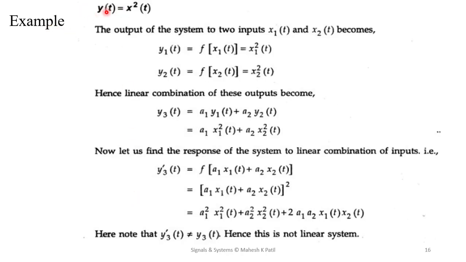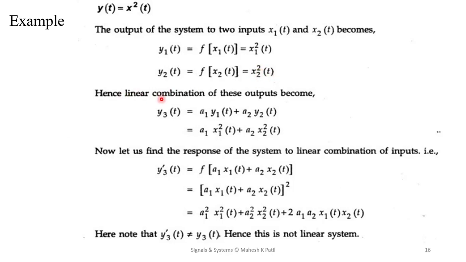Now consider the example y of t is equal to x square of t. So we'll write the equations for two inputs x1 of t and x2 of t. So let y1 of t be the function of x1 of t, so it can be written as x1 square of t. Similarly y2 of t is the function of x2 of t, so it can be written as x2 square of t.